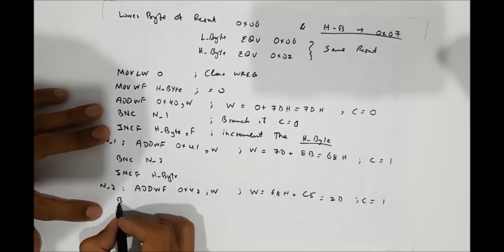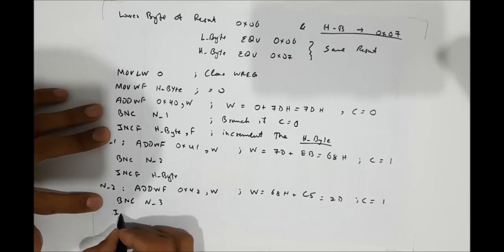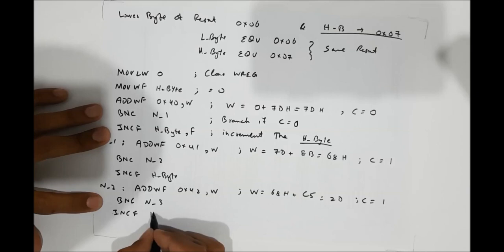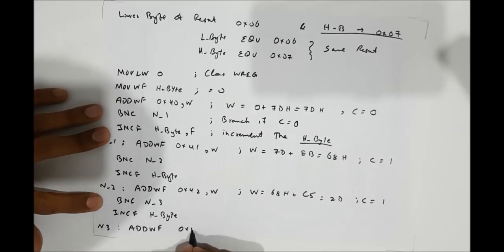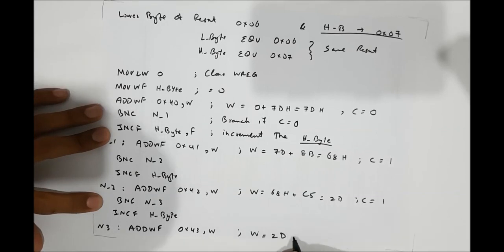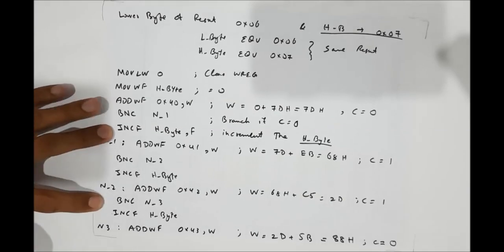So again BC N3, INCF H byte, and N3 will add ADDWF 0x04 to W. So W = 2D + 5B = 88 hex, and C = 0.